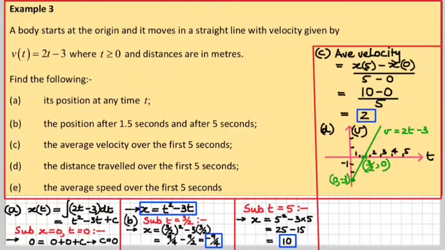It is different from displacement because the particle changed direction when t was 3/2.